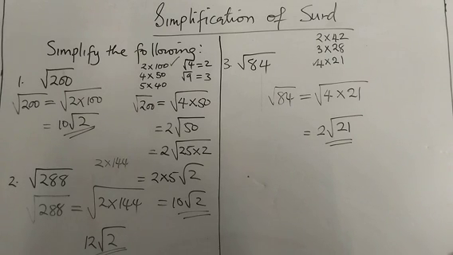In this video, we have seen that to simplify surd, you have to choose 2 factors of that surd. And in choosing the factors to use, make sure one of them must be a perfect square. Not only that it must be a perfect square, but the highest perfect square possible for that surd.